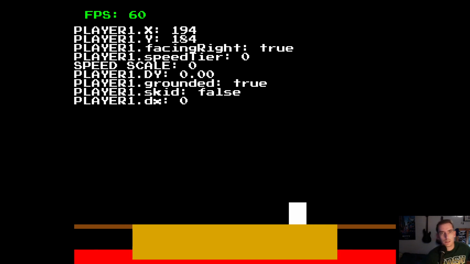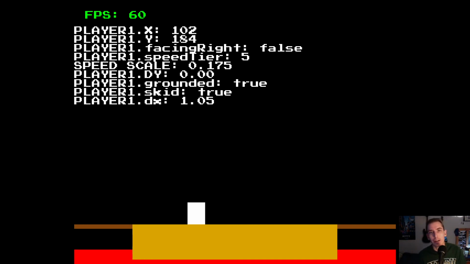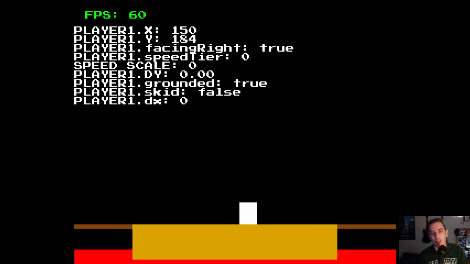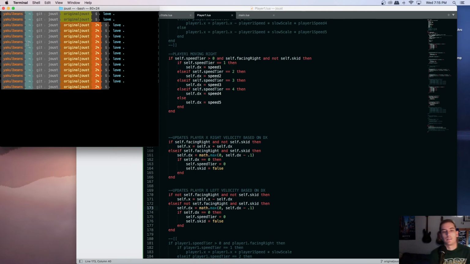So yeah, it looks like the skid value flag is working as expected, but it's just not updating its X position during that skid time. So the flags are working right, but its X position... you know what?